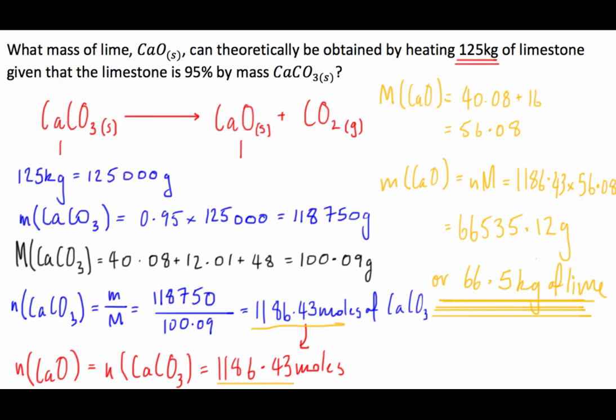Is it going to be twice as much, half as much, or exactly the same? Once we did this, we could calculate the molar mass of calcium oxide in grams. Then using our simple number of moles times molar mass equation, we can come out with our 66.5 kilograms of lime.